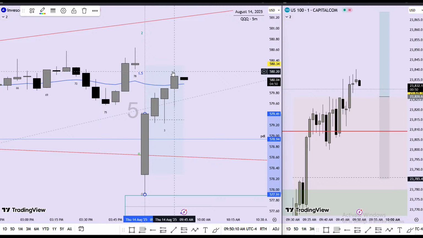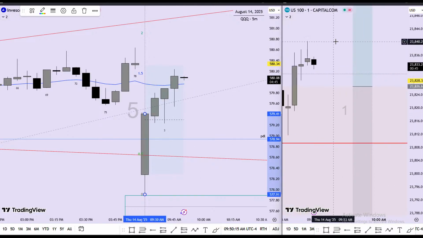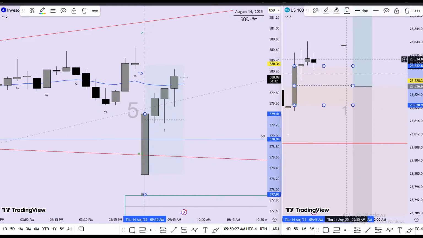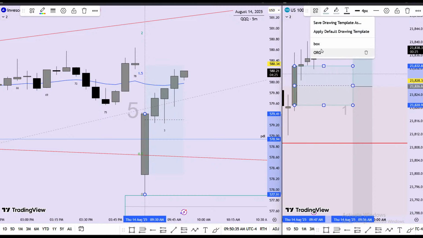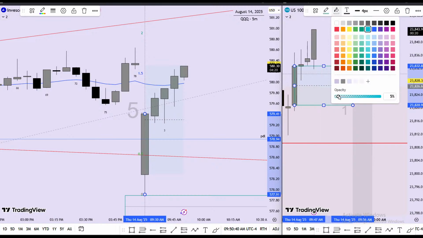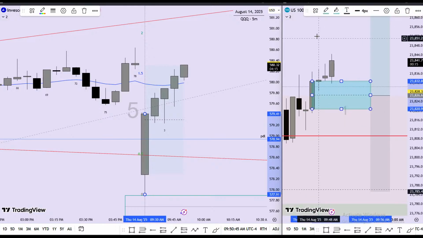Now I want to see price stay above this box. So stay above this.